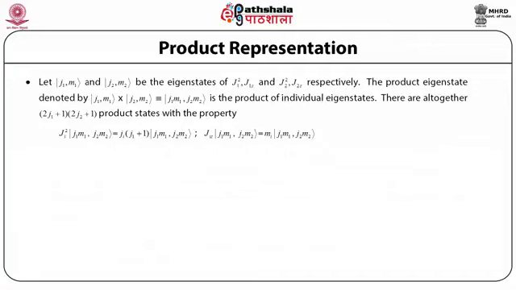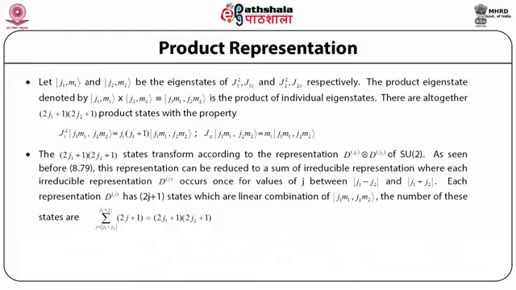Therefore, J1 square acting on this product state |j1 m1, j2 m2⟩ is equal to j1 into (j1 plus 1) times the state |j1 m1, j2 m2⟩. Likewise, the J1z component acting on the product state |j1 m1, j2 m2⟩ is simply equal to m1 times the product state |j1 m1, j2 m2⟩.